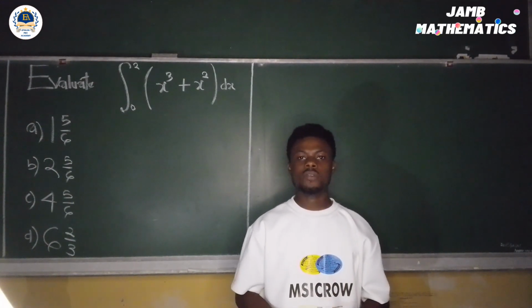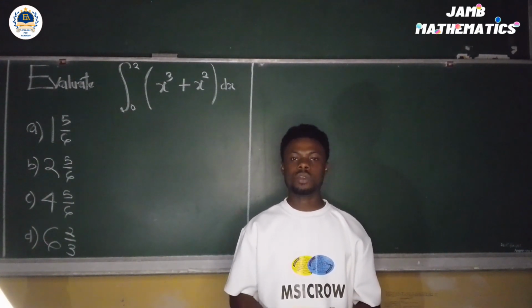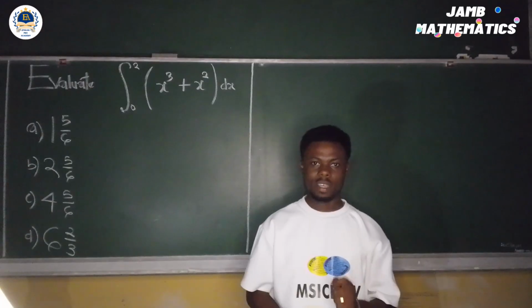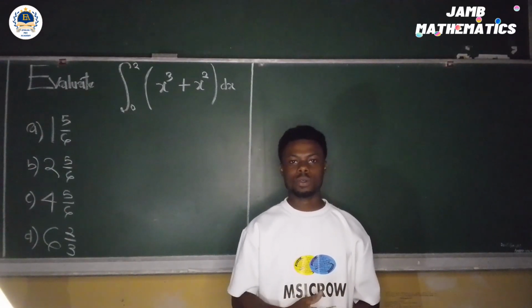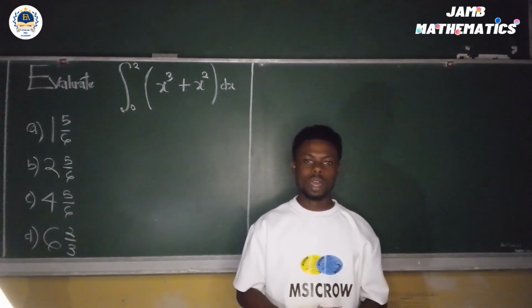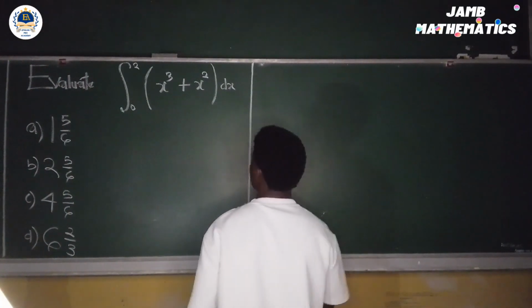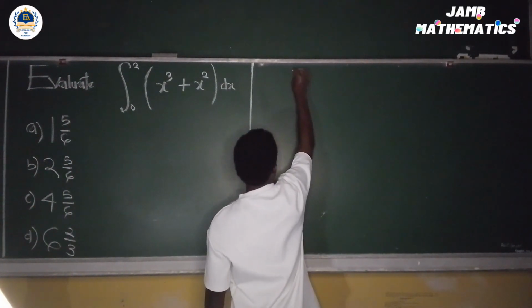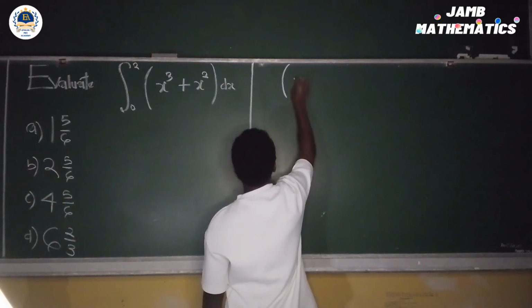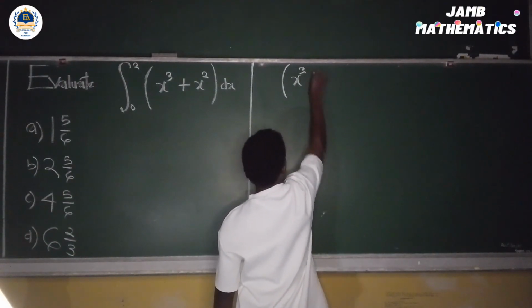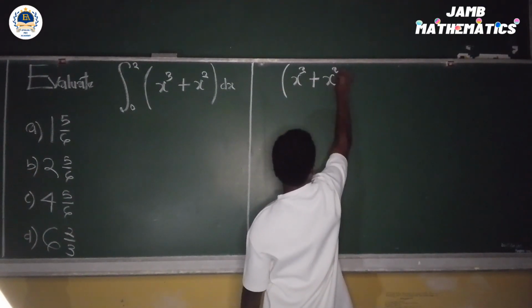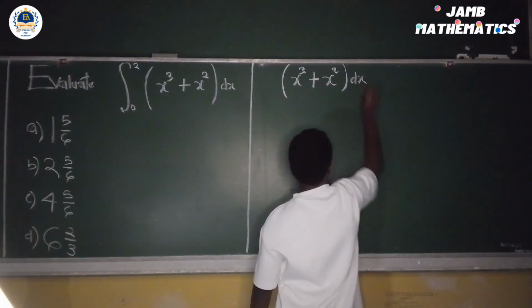To do this, we have to integrate the bracket first, before applying the rules for upper and lower limit. Okay, so in the bracket we have x cubed plus x squared dx.